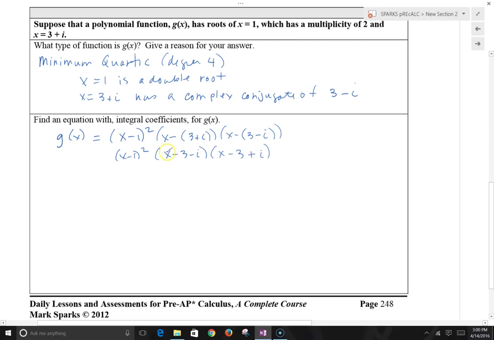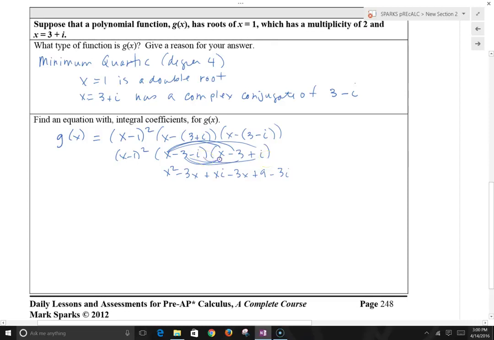Okay, so we're going to do x times x, x squared, times -3x, and then we do this one here, so we have plus xi. We do the same thing with -3. There's -3x. Then there's positive 9, and then there's -3i.